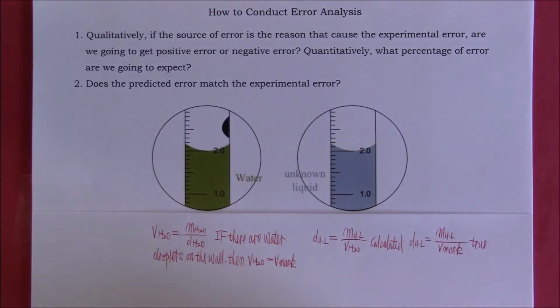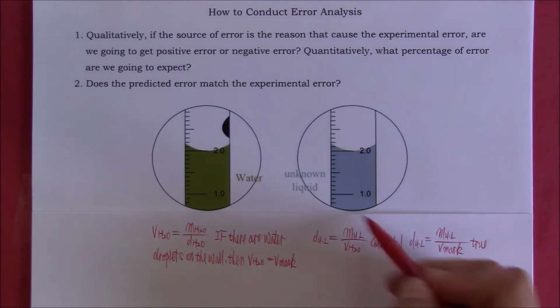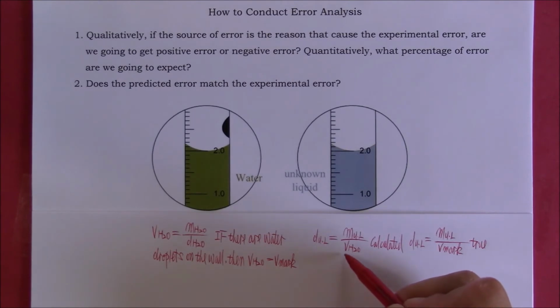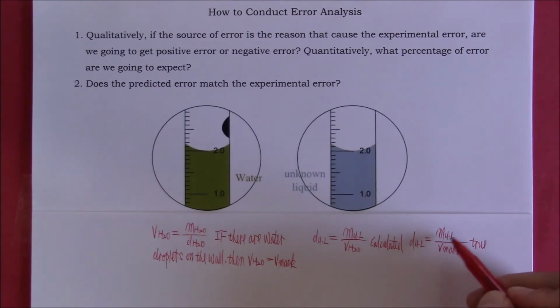When we calculate the density of the unknown liquid, we use the mass of the unknown liquid divided by the volume of water. In reality, the true density of the unknown liquid is equal to the mass of the unknown liquid over the volume at the mark.